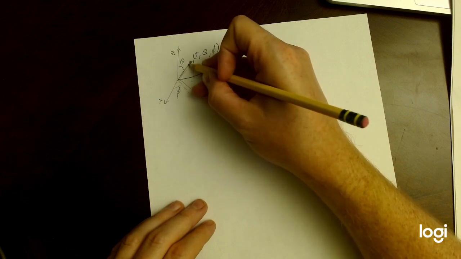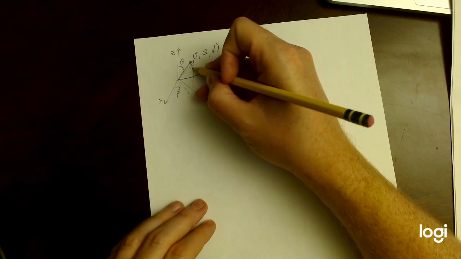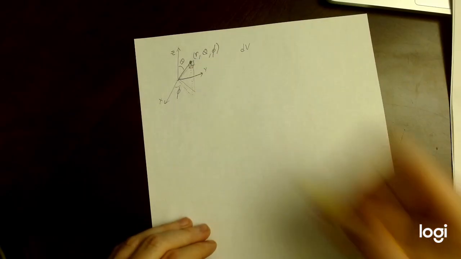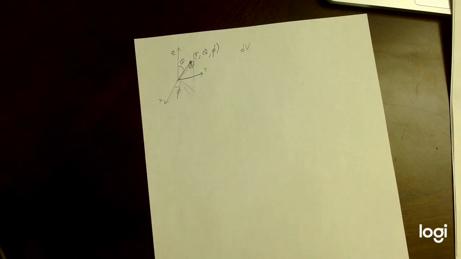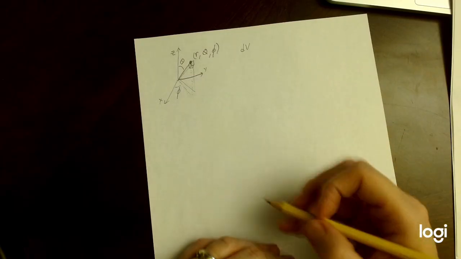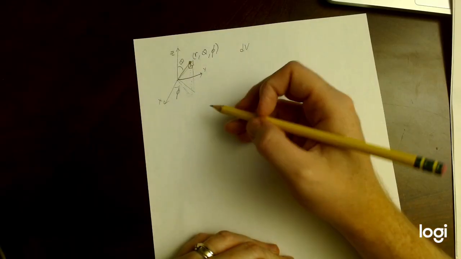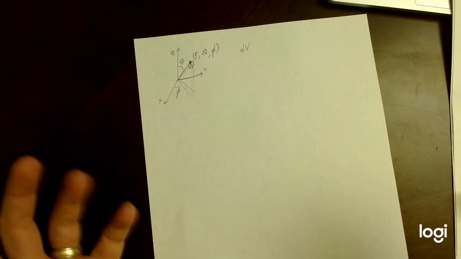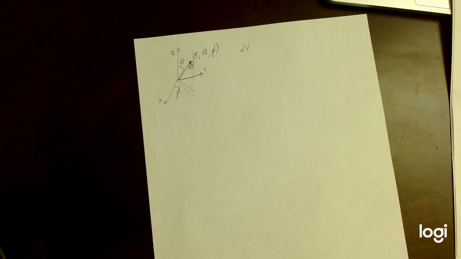And then if I allow the spherical radius to vary as well, I get a little cube-ish shape here. Of course, it's not exactly a cube because two of these things are angular units, and so we get two little arc lengths on one of these sides. But if you take that to a small enough size, you can assume that the curvature of that arc is pretty close to just a straight line, and so you get a cube shape there.